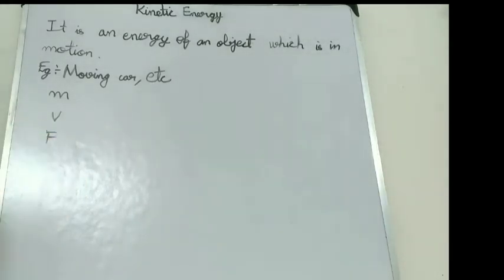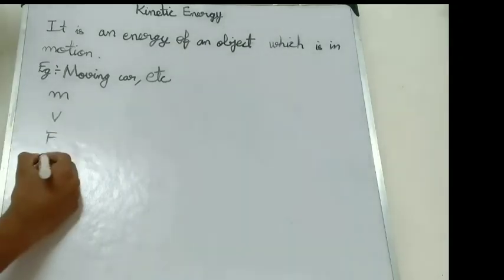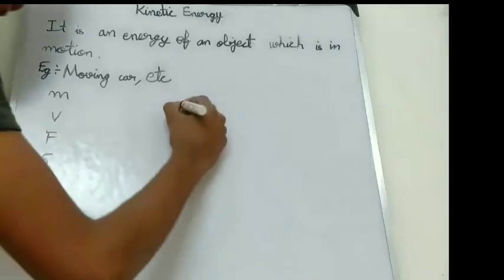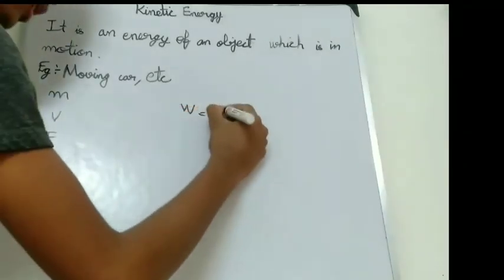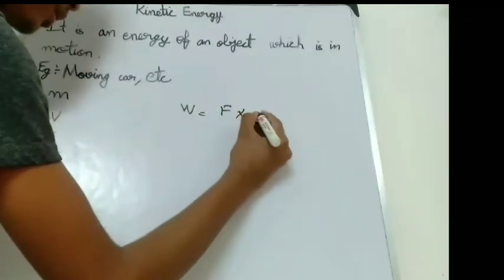If the distance covered under the retarding force is s, the work done will be F into s.